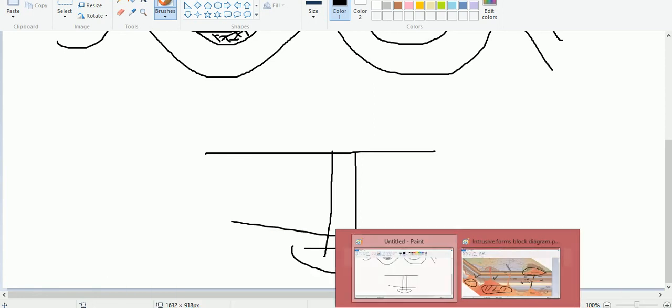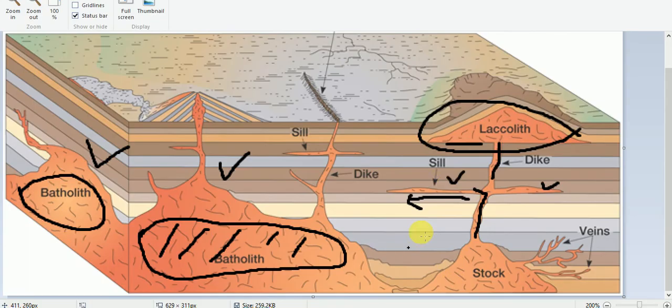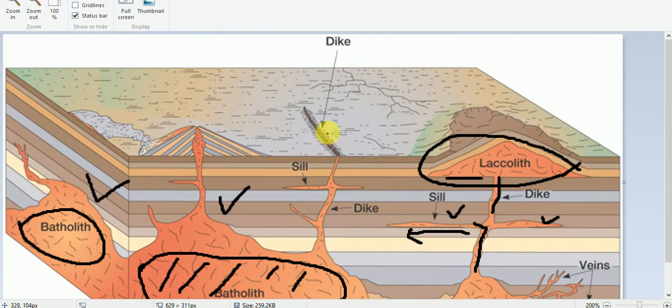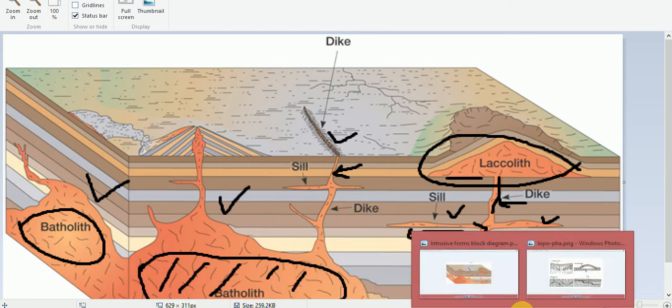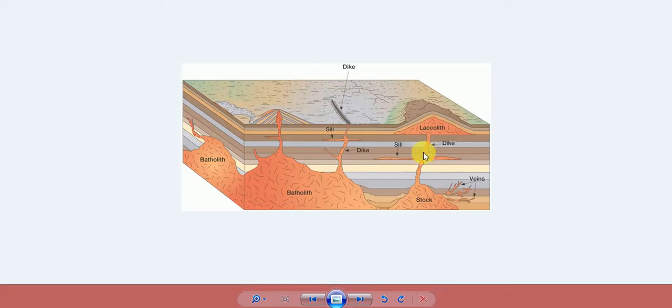We may see the diagram here also. On the surface you will see a dike like this, but here this is a dike. This vertical intrusion is a dike, and here also you're seeing a dike.